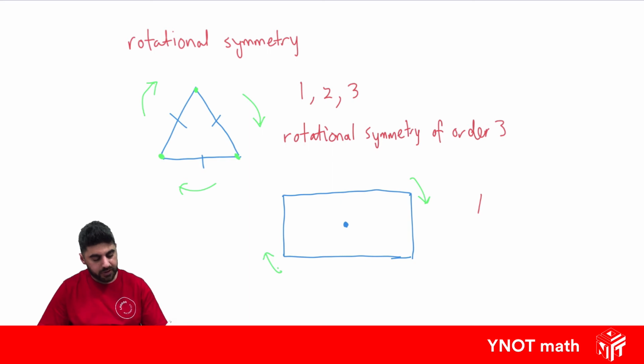Then if we rotate it 90 degrees, the rectangle will end up like this. But this is not in its original position, so this doesn't count. I'd have to rotate it another 90 degrees to get it to here, and that's another order of symmetry for rotational symmetry, and that's all we can do. So we have rotational symmetry of order 2 for the rectangle.